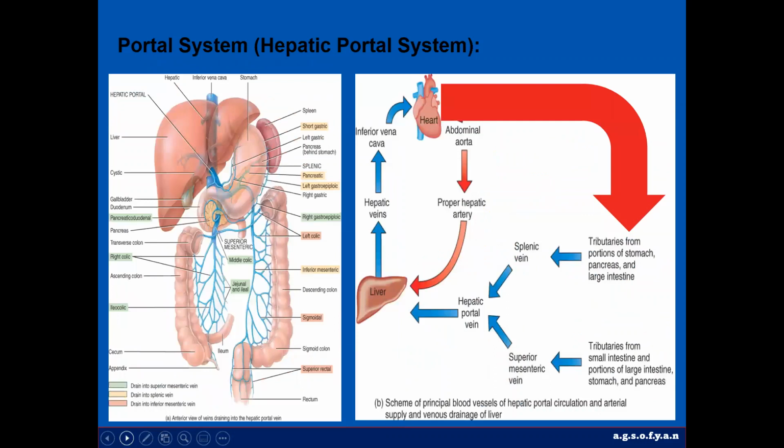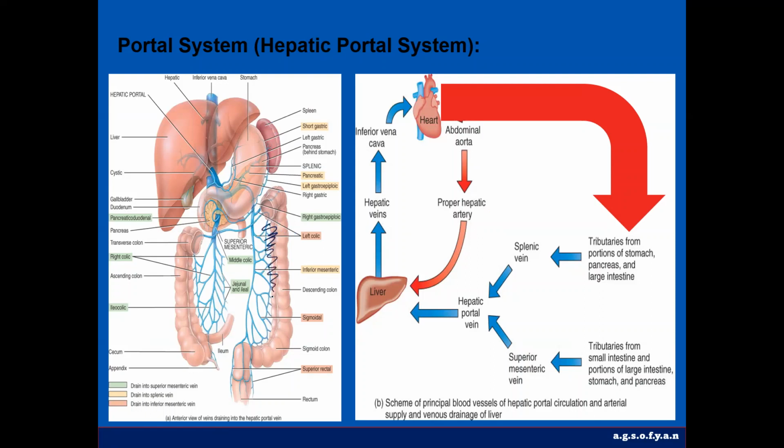Okay, and this is the portal system. The system that carries blood from one capillary into another capillary before returning back to the heart. Okay, you see over here, the blood coming from the heart goes to these organs like intestine.